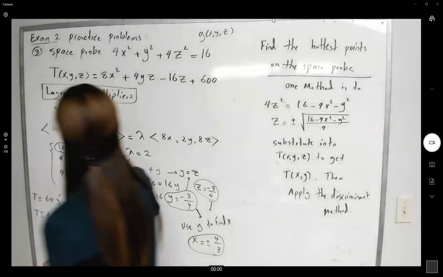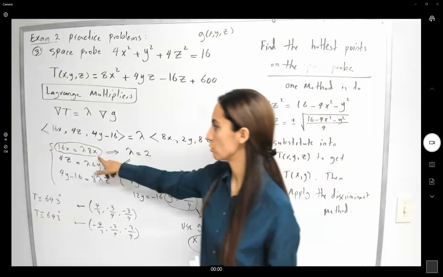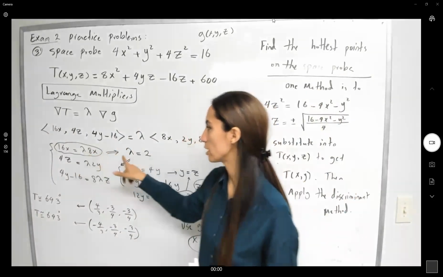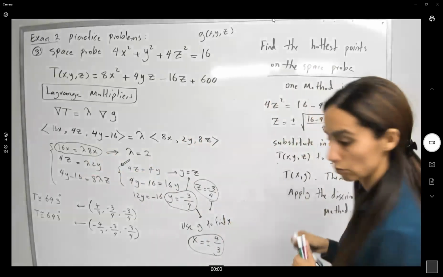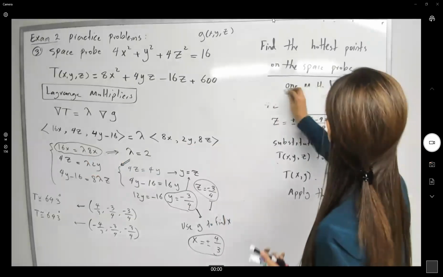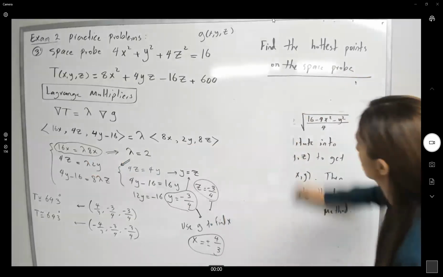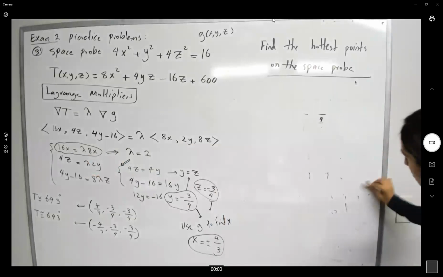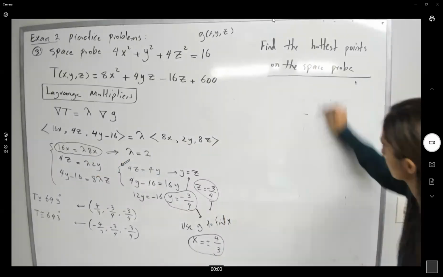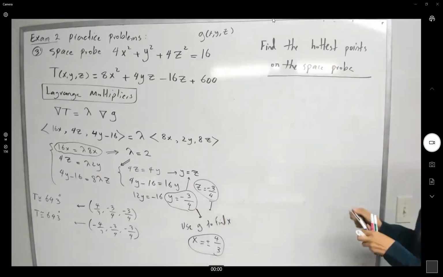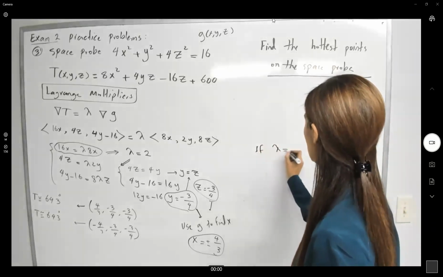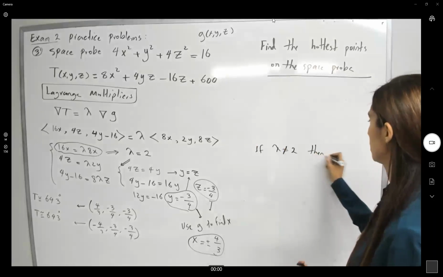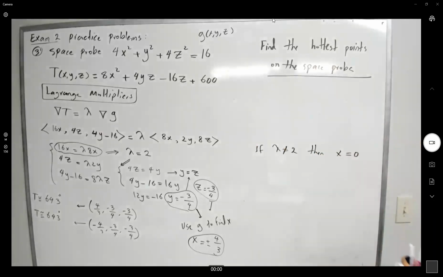Well, the other case is from the first equation: if lambda is not equal to 2, the only option that we have is x equal to 0. So if lambda is not 2, then x must be 0.